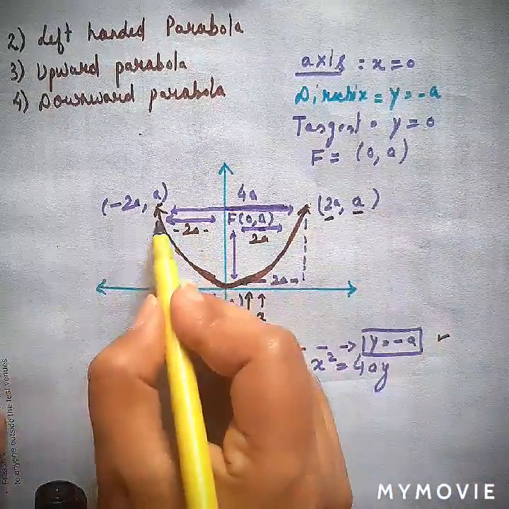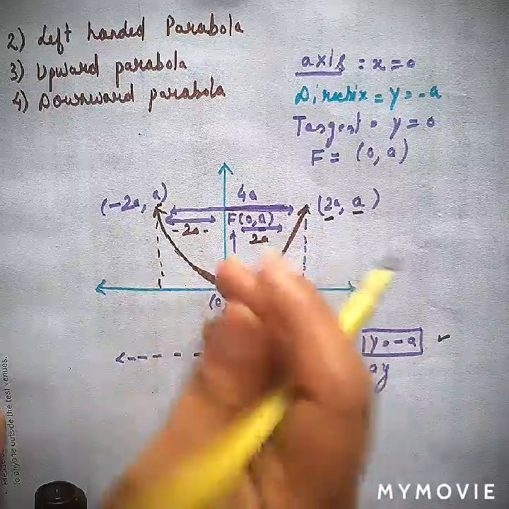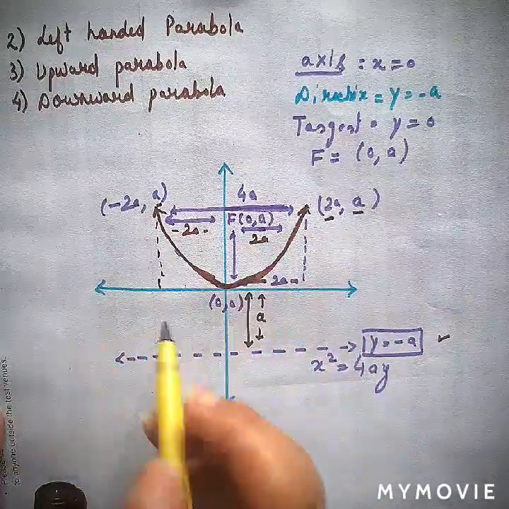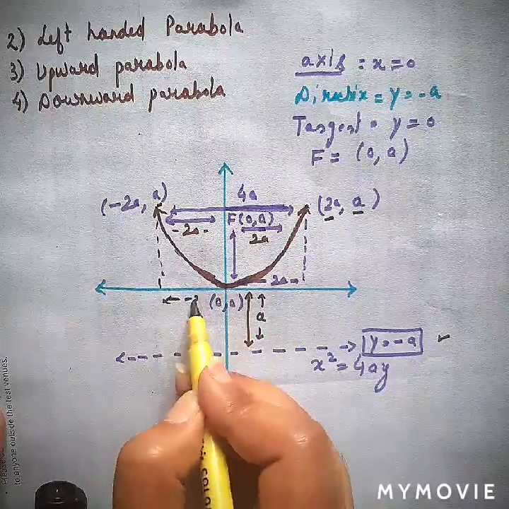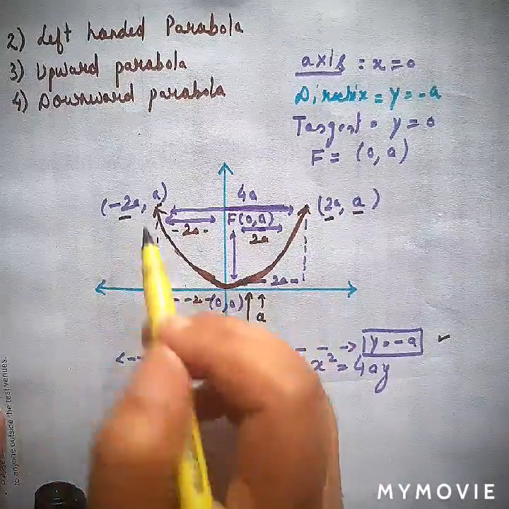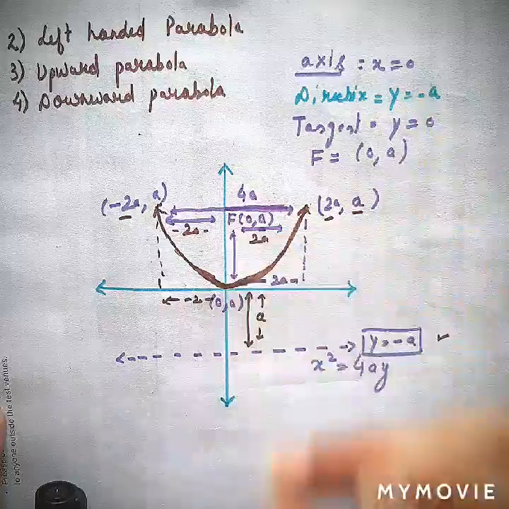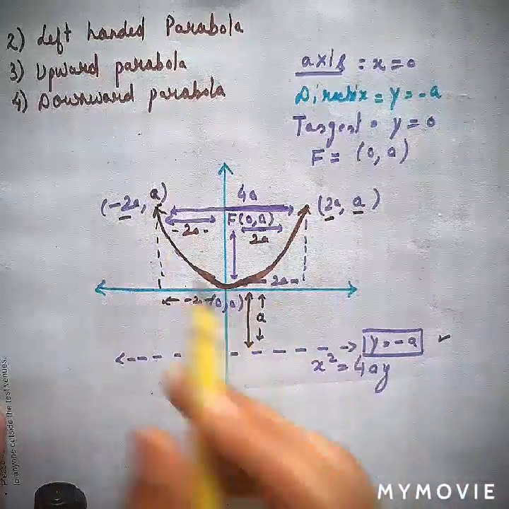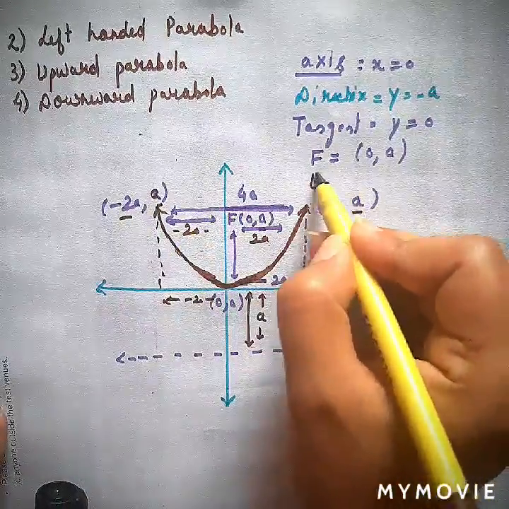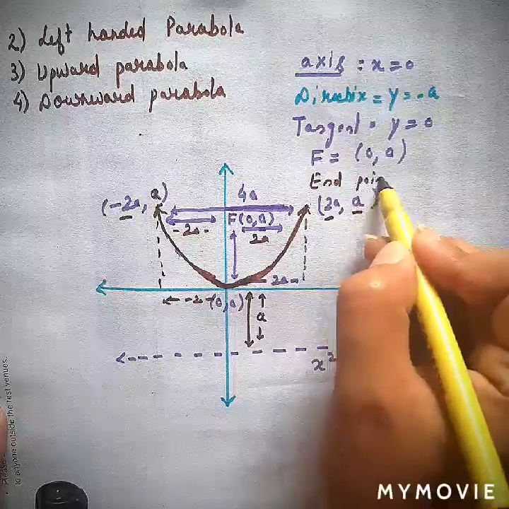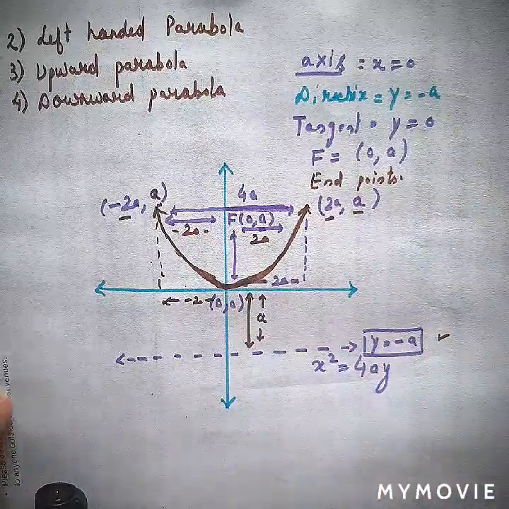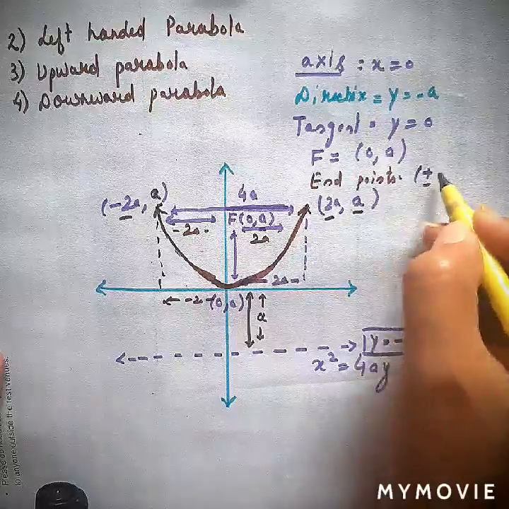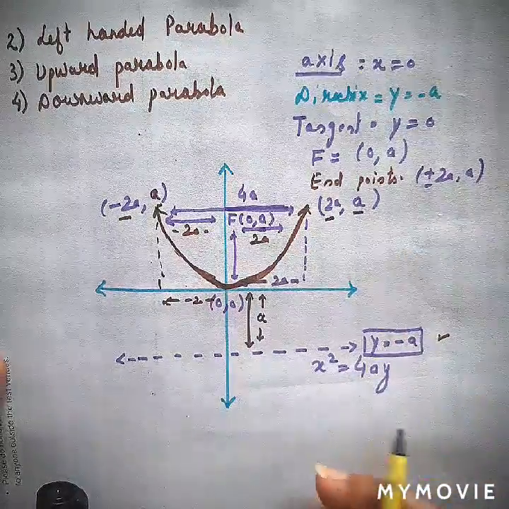On this side, as this distance is equal to 2a and this is the negative direction of the x-axis, the value will be equal to minus 2a for this point, and the y distance over here is equal to a. So these are the end points of the latus rectum, which are plus minus 2a comma a.